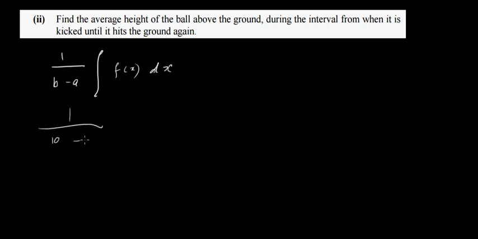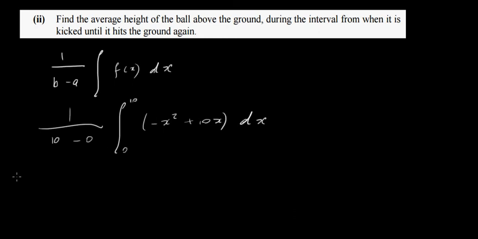So really what we're going to do here is use our average value formula. It's an integration question. So we're going to take 1 over b minus a, the integral of f of x dx. So our b and a here are going to be 10 and 0. We're going to integrate from 0 to 10, and our function is minus x squared plus 10x, and we're going to integrate with respect to x here.